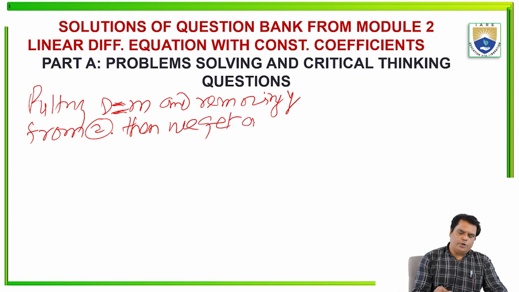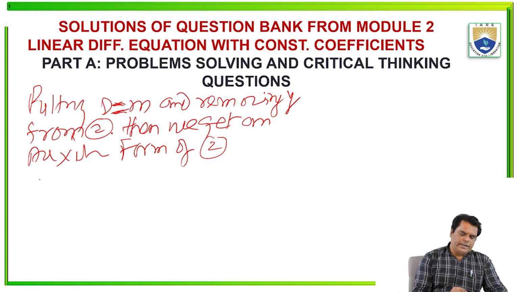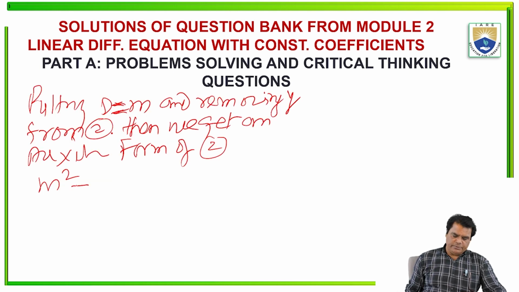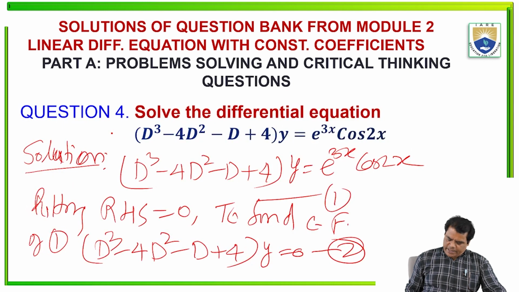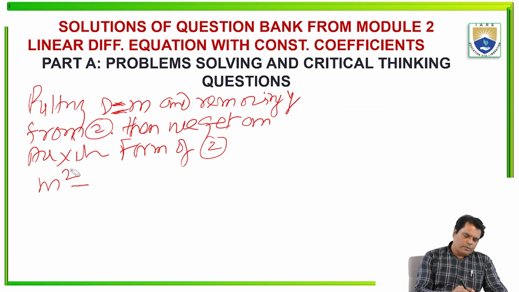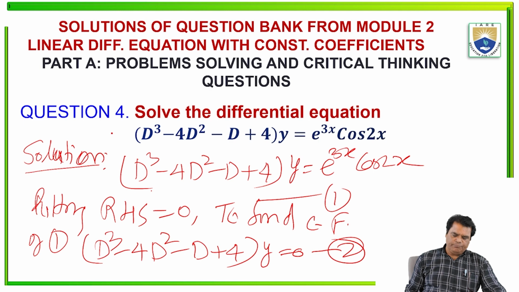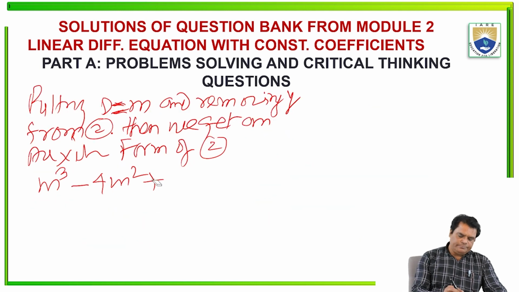an auxiliary form of 2, that is m cube minus 4m square minus m plus 4 equal to 0.